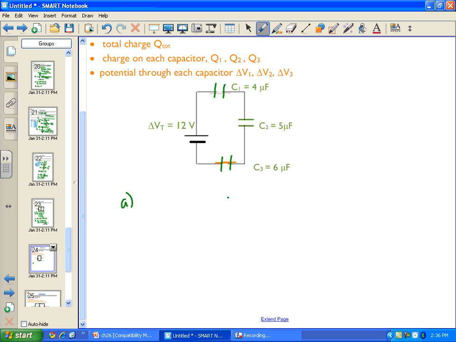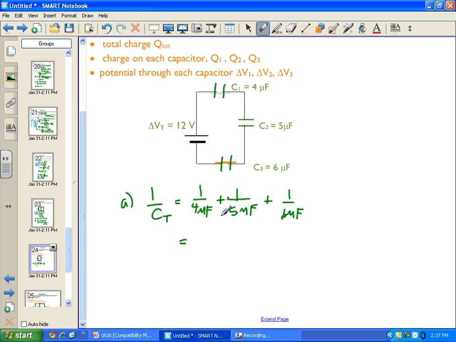So the first question asks us to determine C total. Well, since they are in series, we have to add the reciprocal of 4 microfarad with the reciprocal of 5 microfarad with 6 microfarad. In other words, 1 over C1 plus 1 over C2 plus 1 over C3.